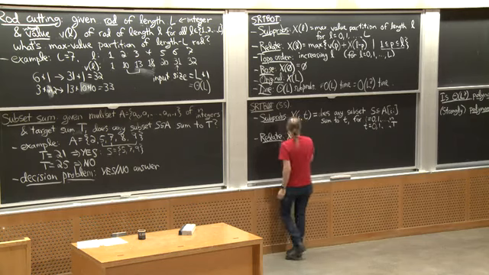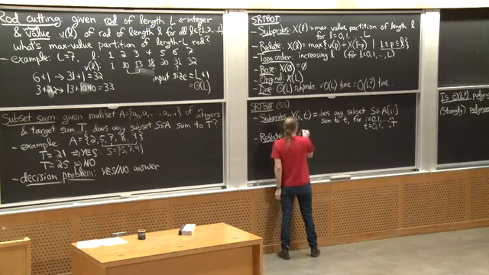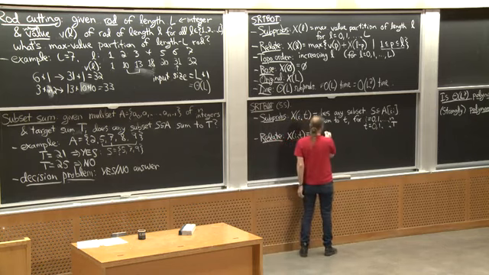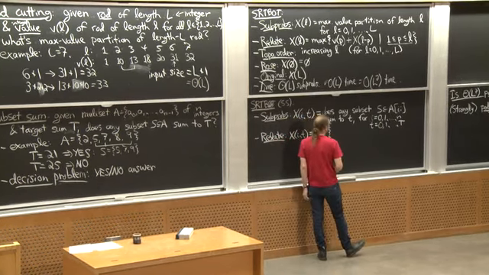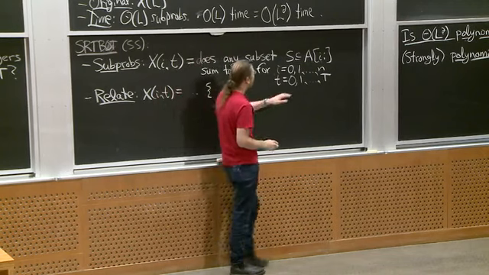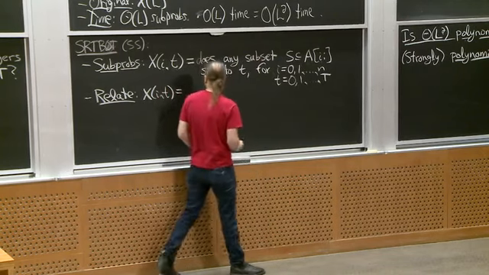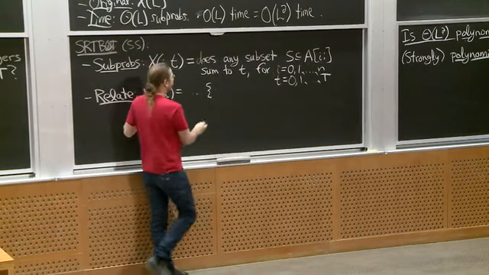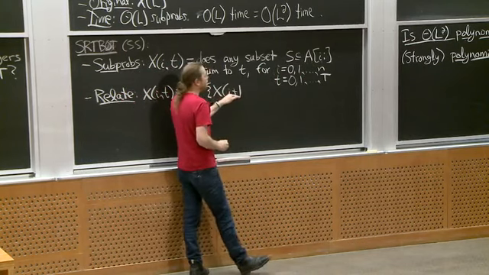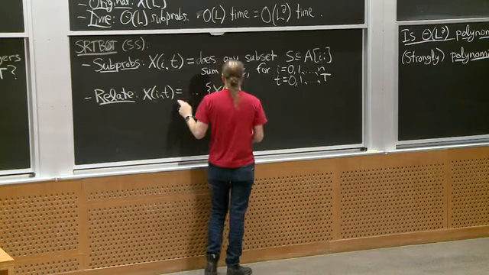So x of i, t is going to involve two things. There's an operator here, and then I have a set of two items, which is I could choose to not put A of i in my subset. In that case, I've eliminated A of i, and what remains is A of i plus 1 onwards. And I didn't change my target sum.